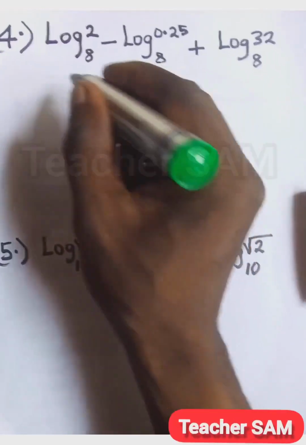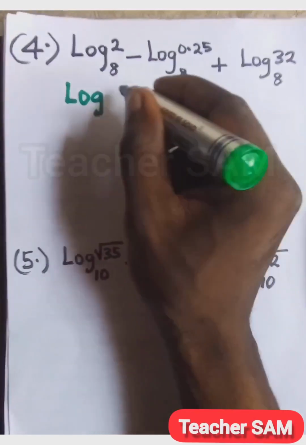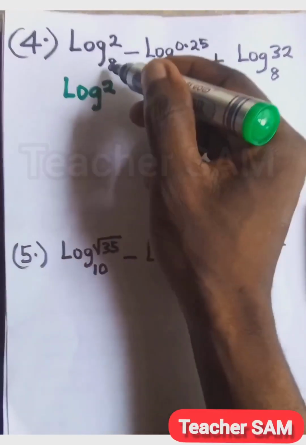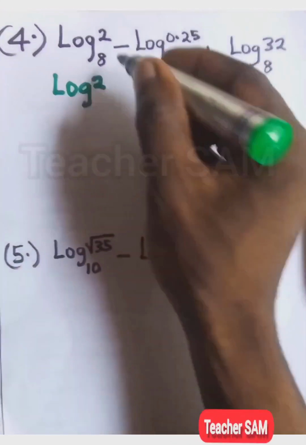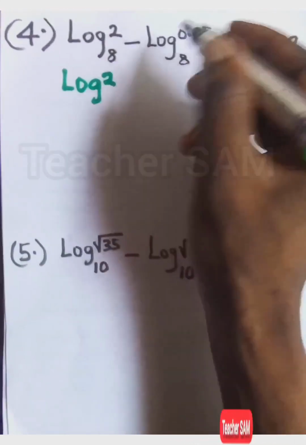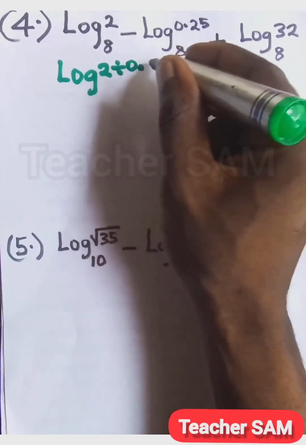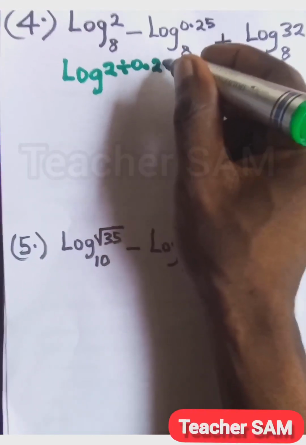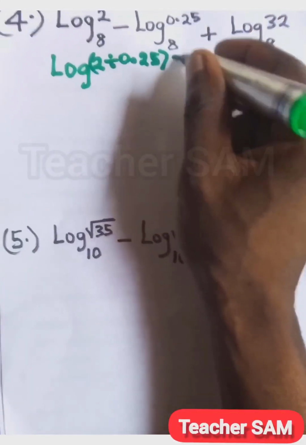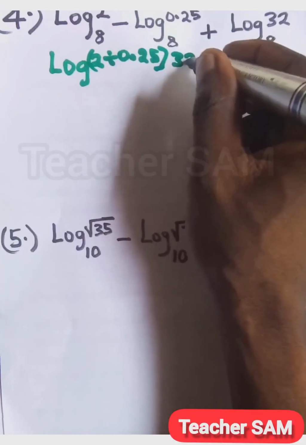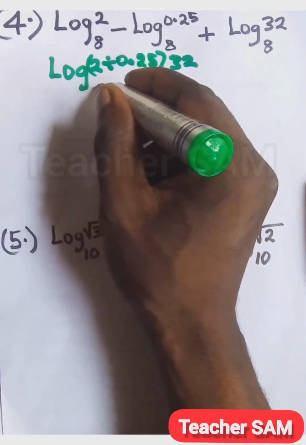So we have that. So this will now be log 2. Since all the bases are the same, we can just apply the laws of logarithm. So remember, this is minus, so we divide by 0.25, then we multiply that by 32, because this divided by this times 32 to base 8.